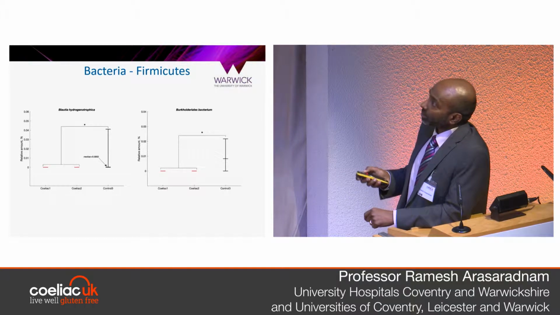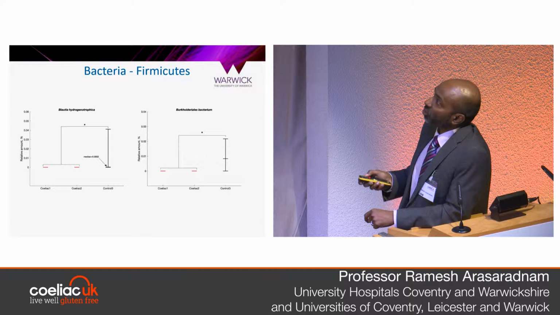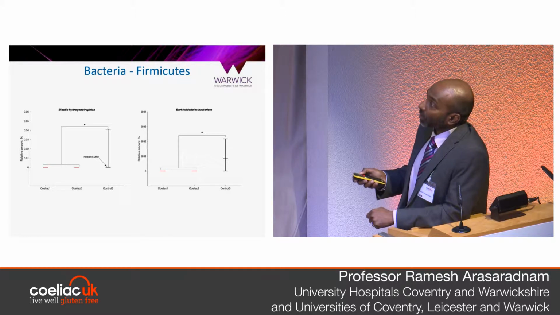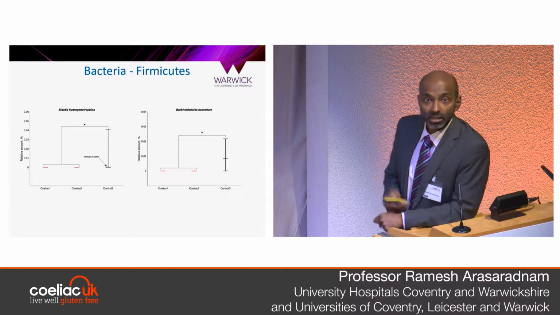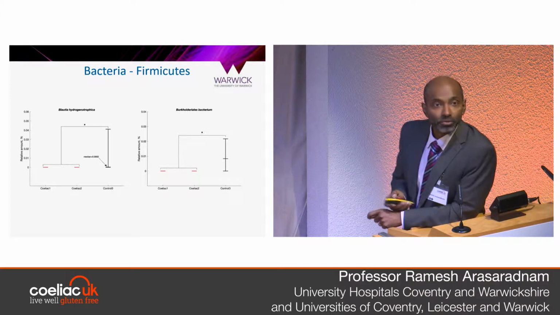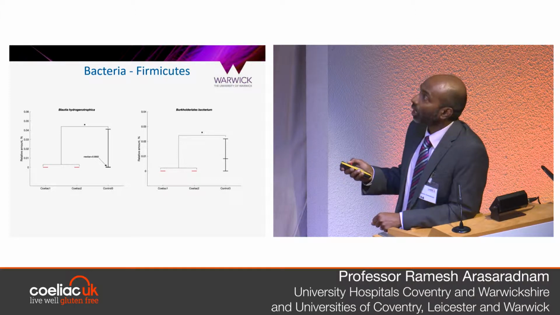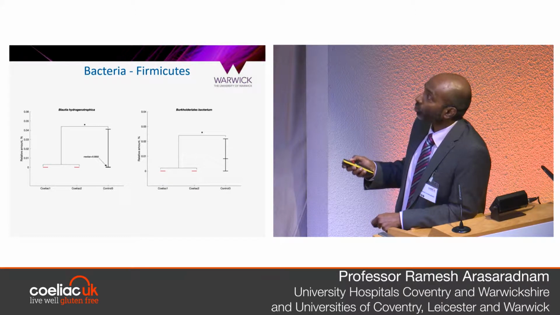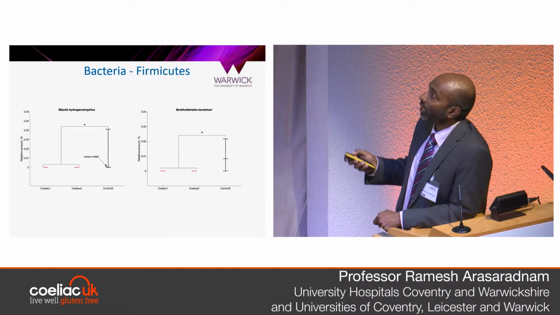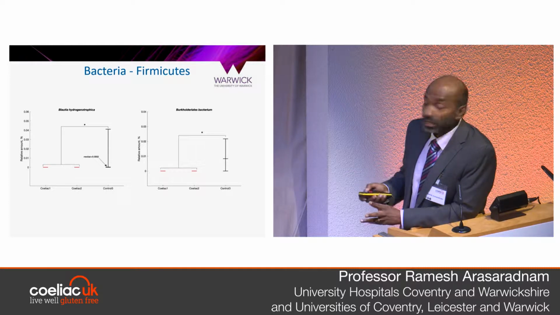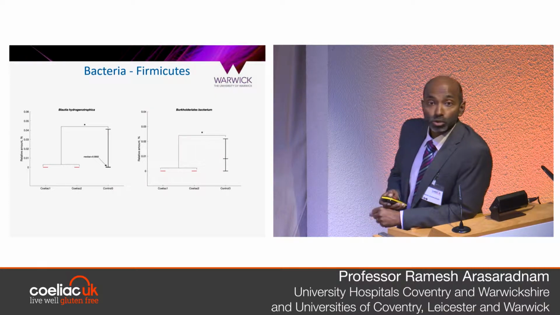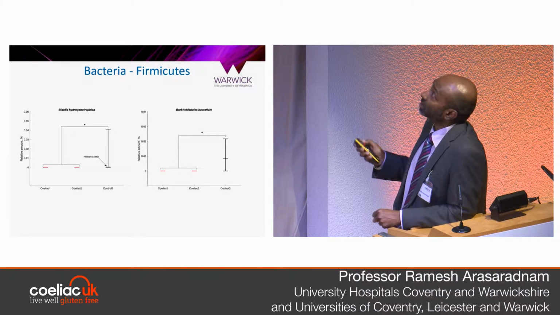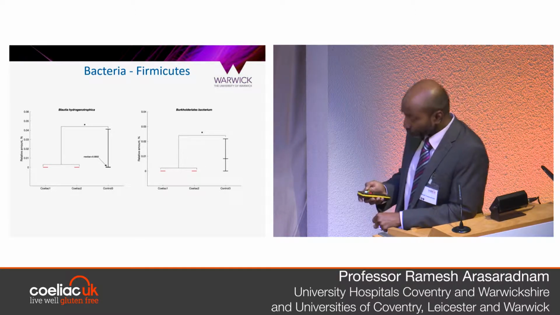You will see here that for both these species, the relative abundance still remains low in patients with celiac disease, despite going onto a gluten-free diet. It doesn't really alter. Although you can see here the median is still quite low, comparatively it is still much lower in the celiac disease group compared to the control group. And this holds for these two species.